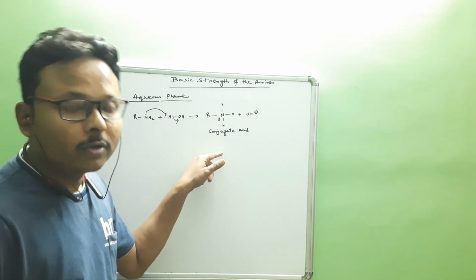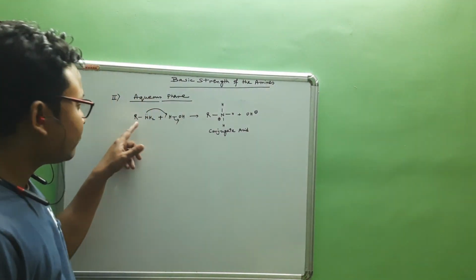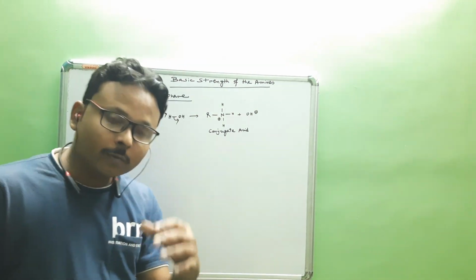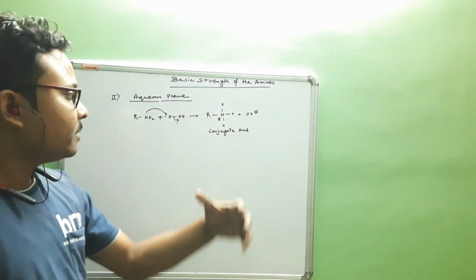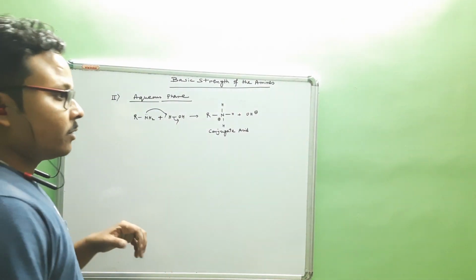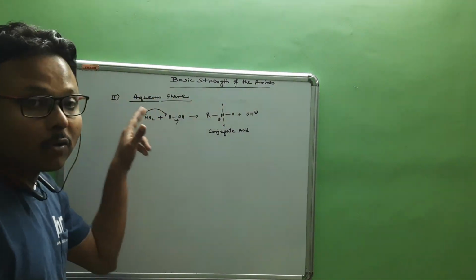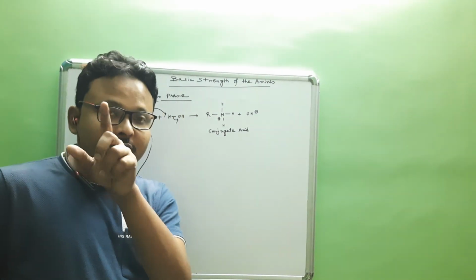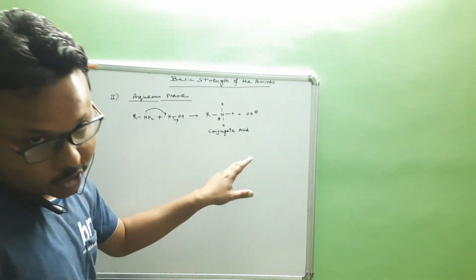As the strength of the conjugate acid increases, we all know the strength of the base also increases. The strength of the base in aqueous phase depends on the stability of its conjugate acid. So as we consider the basic strength of amines in aqueous phase, we must take into account the stability of its conjugate acid.